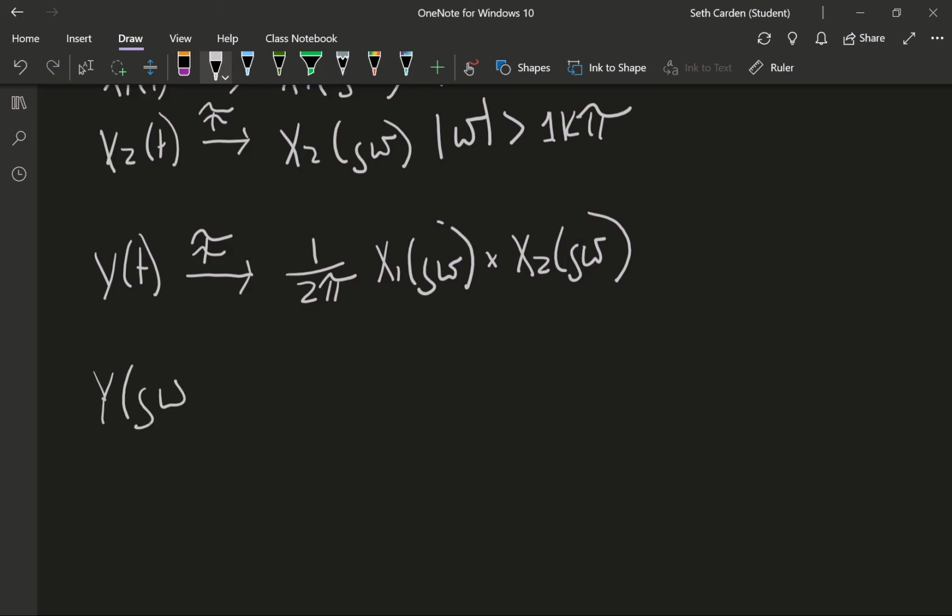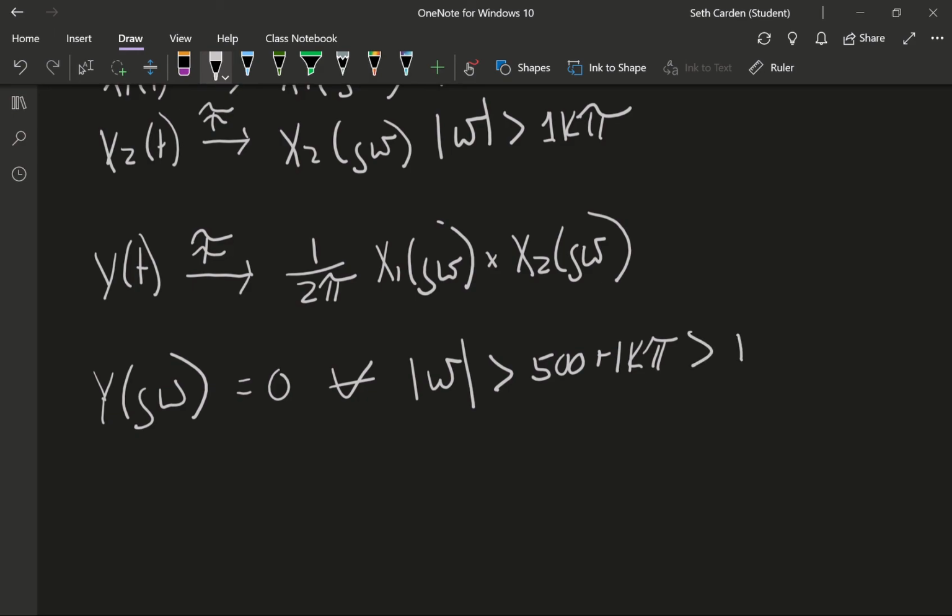But anyway, so Y(j omega) is equal to something. We don't need to worry about what it is, but we do know that it's going to be equal to 0 for frequencies beyond its band limit, and this is just a direct consequence of convolution.